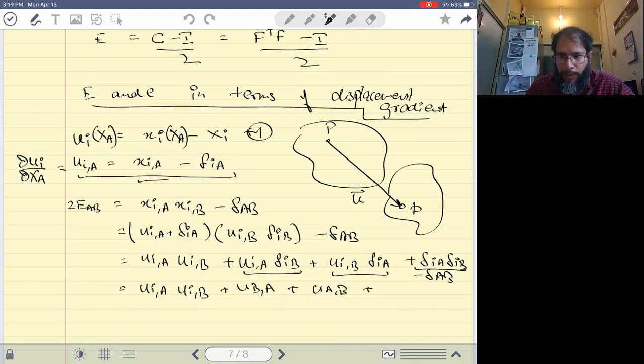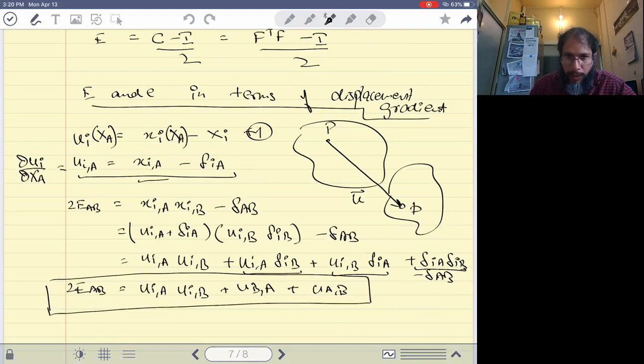For the second last term we apply the property again and get delta ab, and there's a minus delta ab, so this term can be removed. That's an extremely important relation in this discussion, and we'll start from this step later.